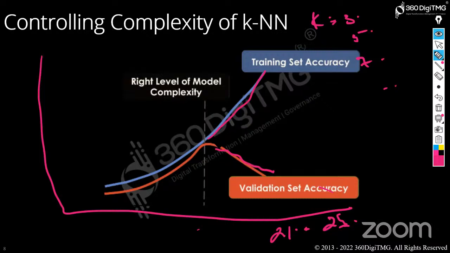So these are getting diverged, and when these get diverged, what is this phenomenon called? Up to a point, both your training and validation accuracy together are increasing with the increase in K value.